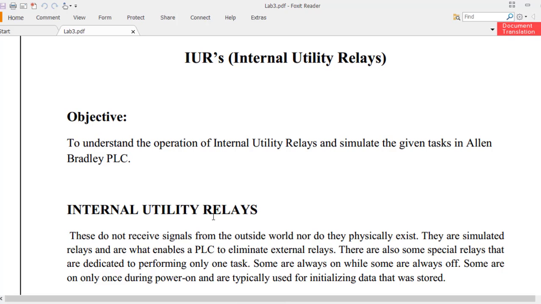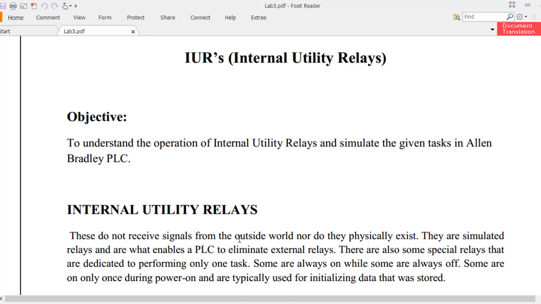Something that's very important about them is that these do not receive signals from the outside world, nor do they physically exist. So what does this mean? There are some switches that act as inputs, and you can turn them on and off according to your choice.